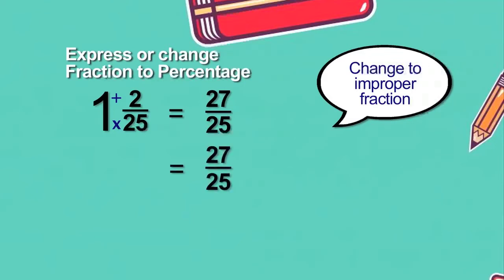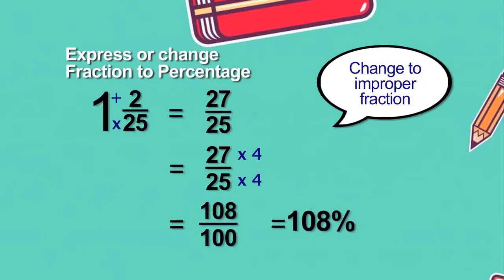Then, you will multiply the denominator with a number which gives 100, and multiply also the numerator with the same number, and the answer is 108 out of 100, which gives 108%.